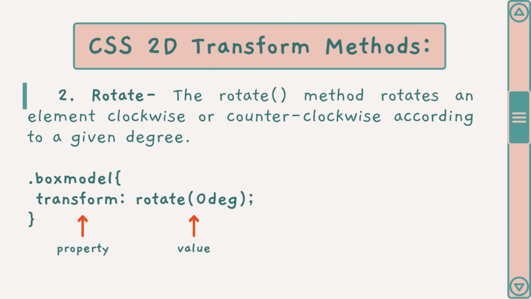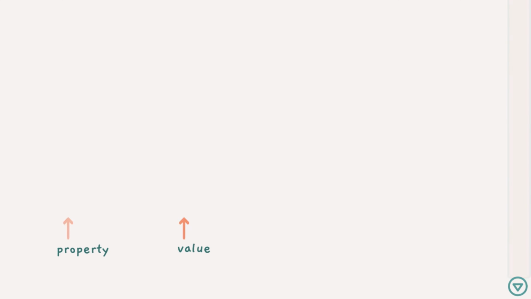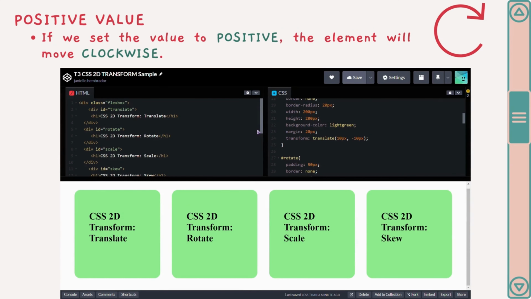The second method is rotate. The rotate method rotates an element clockwise or counterclockwise according to a given degree. If we set the value to positive, the element will move clockwise. So let's try this one. Set the value of the property transform to a rotate value.